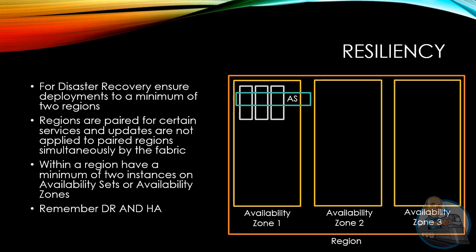I cannot use availability zones and availability sets for the same workload. I really kind of pick which one I want to leverage. If I use availability sets, I can take a hit of an entire rack going down. But if the entire data center goes down, I've lost my workload. If I use availability zones, then I can take an entire data center going down. But if something happens to the whole region, like a flood, I've lost my workload. This is why we think we want HA and we want DR.